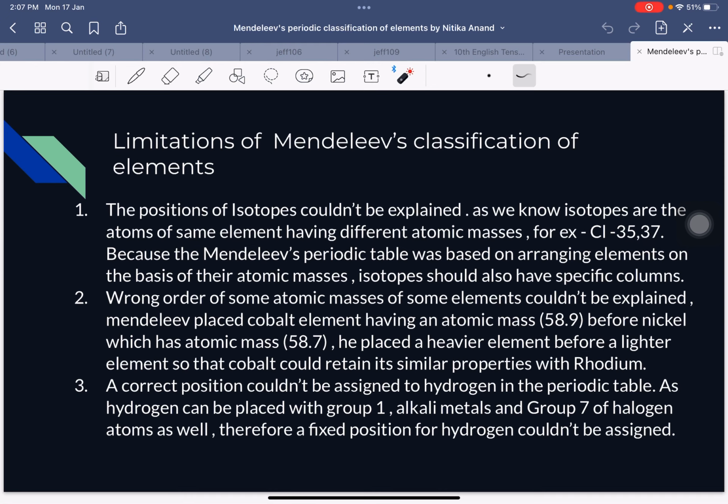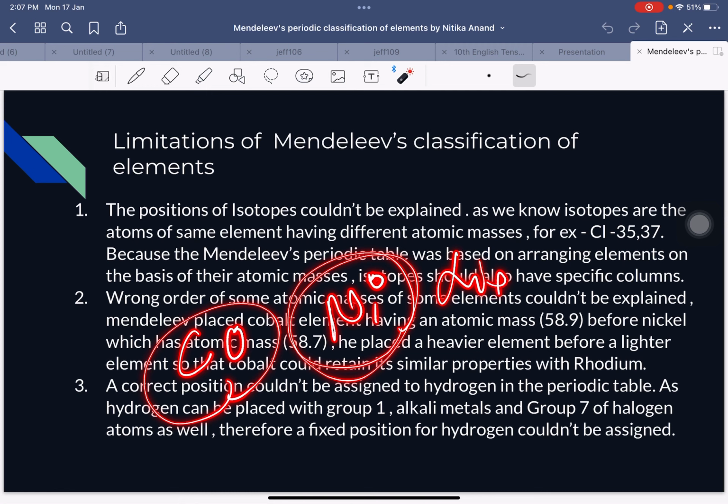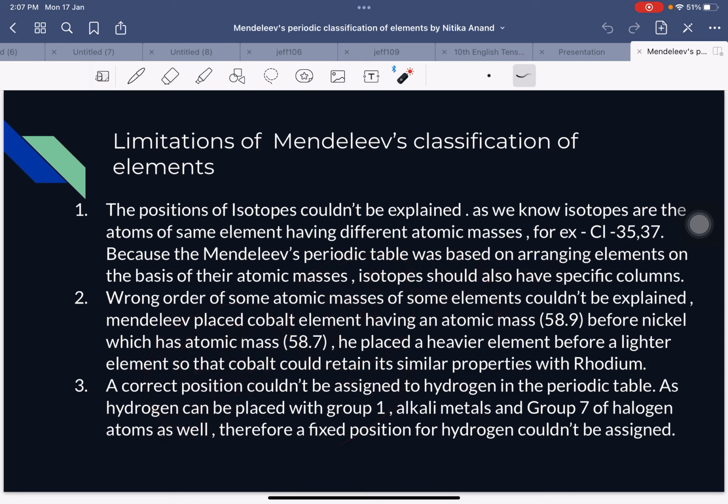Then, the wrong order of atomic masses of some elements couldn't be explained. Like he placed cobalt before nickel. Although nickel was a lighter element than cobalt, he still placed cobalt before nickel, and the reason was so that cobalt could match its properties with the element right next to it, that was rhodium.